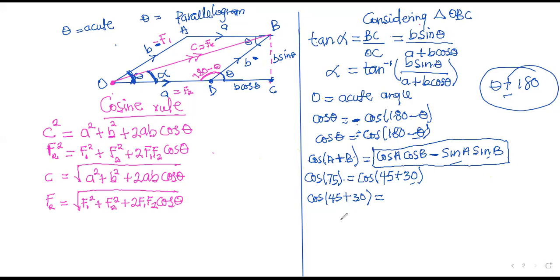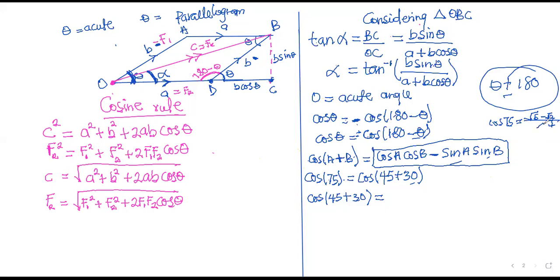What is cos 75, Giovanni? 0.258. Give it to me in surds. Root 6 minus root 2 over 4, all over 4.